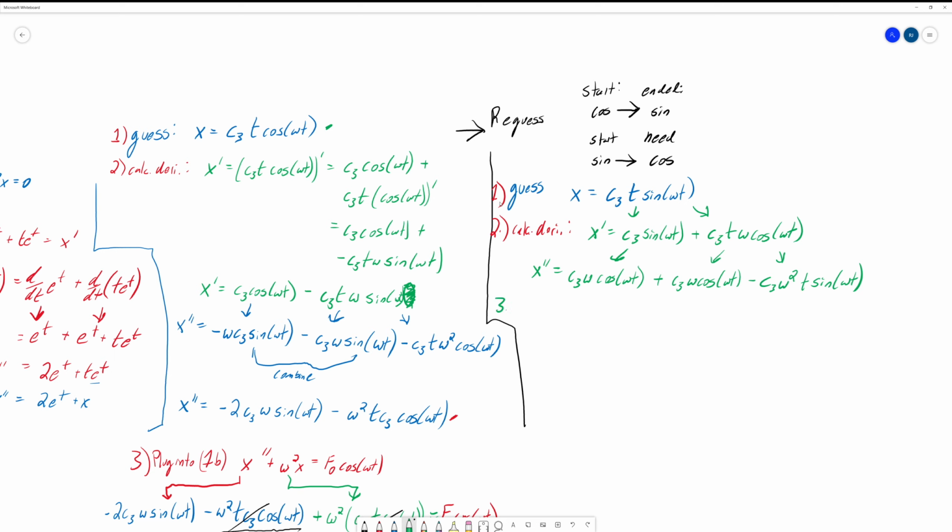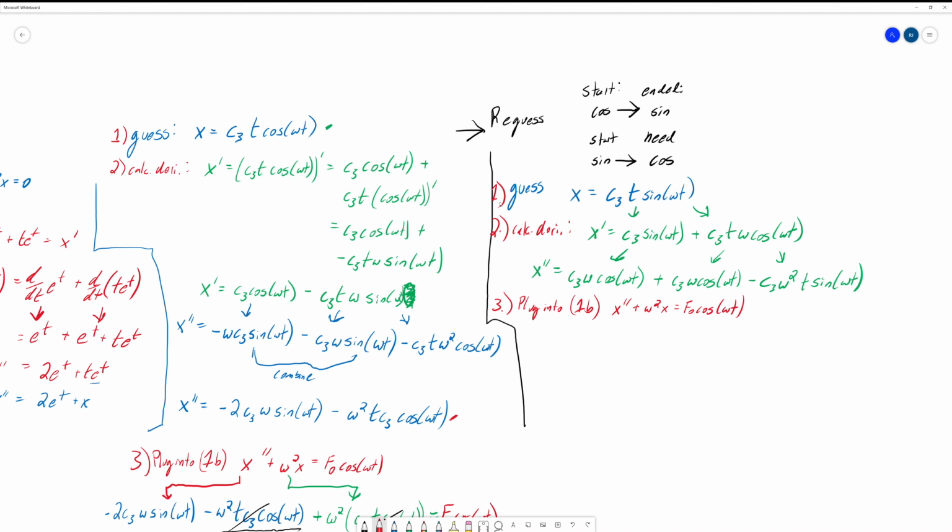All right, and now we have enough that we can plug in to our original equation. So plug into 1b. And now I feel that we're on the right track because we see we have some cosines here. So again, 1b is our equation here.